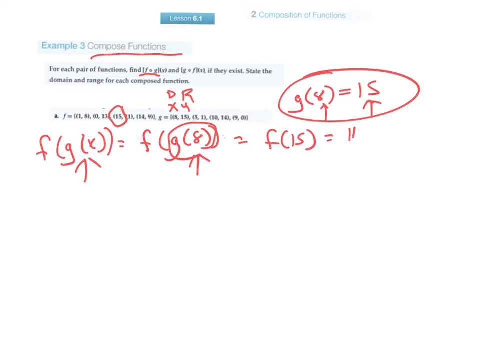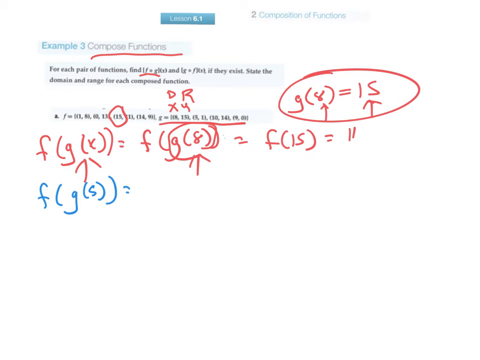So the X value always has an input that gives you your Y value, which is why it's called a function. We're just substituting one function into the other. So let's do the next one, G, which is 5, 1. Our next function has G with an X of 5 substituted in.